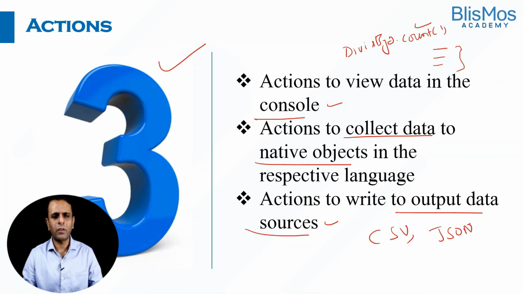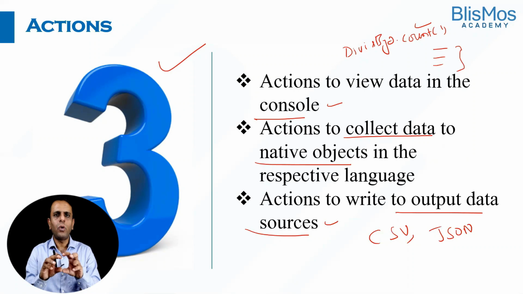Why do we really need to write to the data sources? Assuming that in a previous example, our original data frame was my range, which had some 10 records. Now, after applying the modulus 2 on that to see how many of these 10 numbers are even numbers, we went ahead and used the transformation where number modulus 2 is equal to 0.